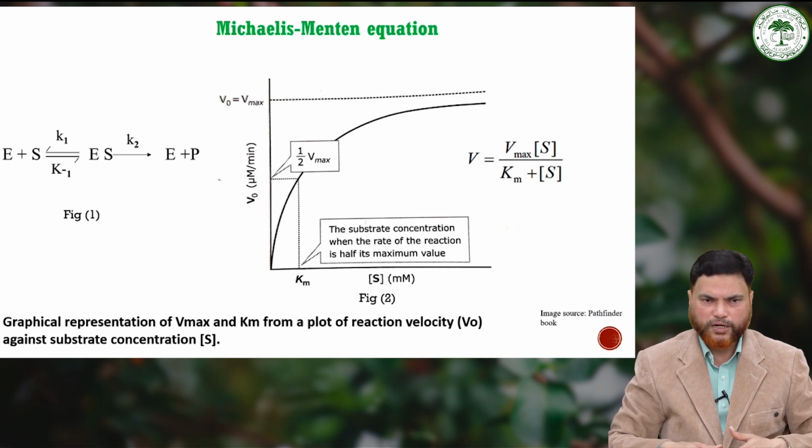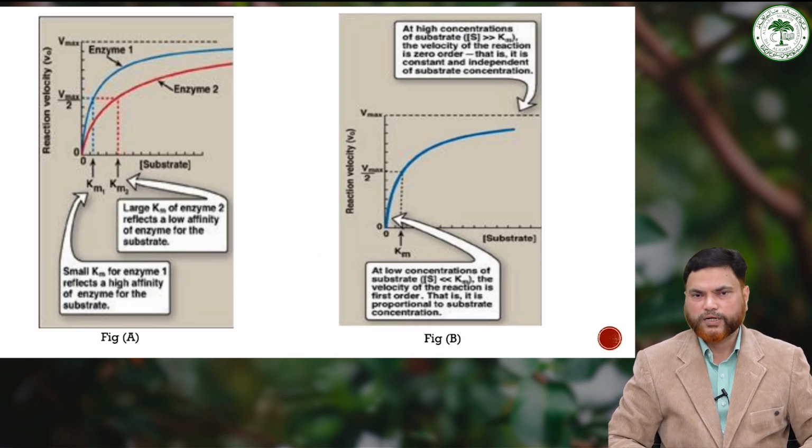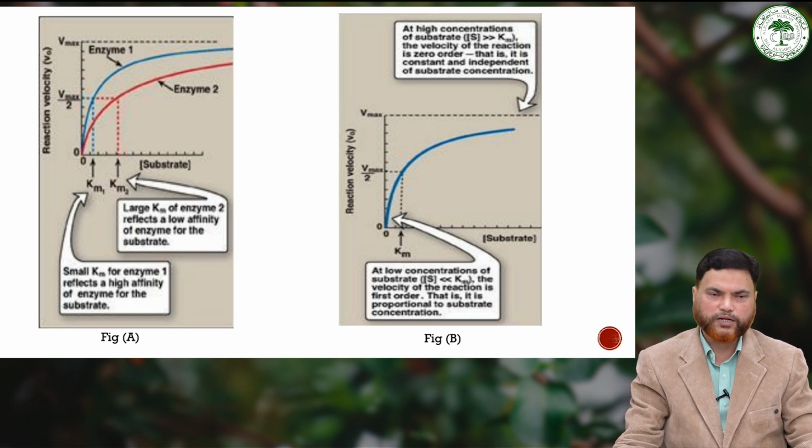So you see how this Michaelis-Menten equation tells so many aspects of enzyme catalyzed reactions. Now, what conclusions could be drawn from this Michaelis-Menten equation? What are the characteristics of the Michaelis-Menten constant?